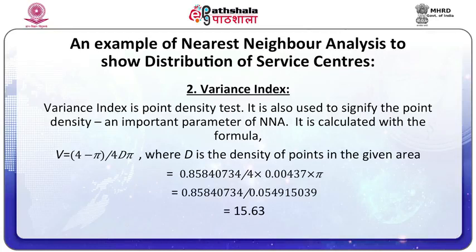the density of points in the given area, which is equal to 0.85840734 upon 4 into 0.00437 into pi, which is equal to 0.85840734 upon 0.054915039, which is equal to 15.63.